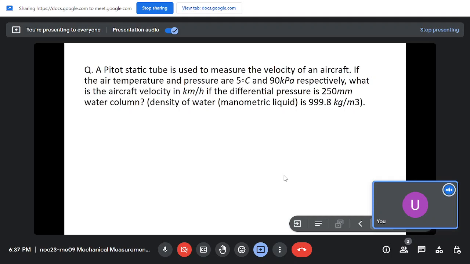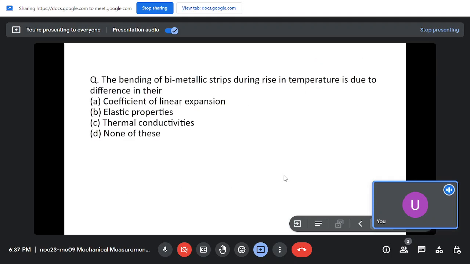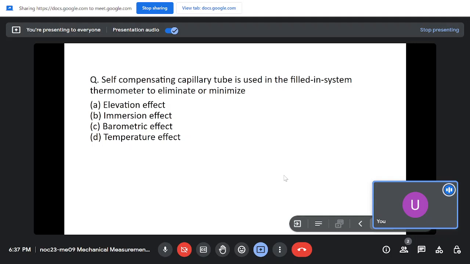Before that, I forgot to mention something: the self-compensating capillary tube. How do we neglect the temperature effect? What is a self-compensating capillary tube? Suppose you have to measure pressure using an analog type measurement; you use a Bourdon gauge tube. How do you take the fluid? You tap a small amount of the fluid using a capillary tube.